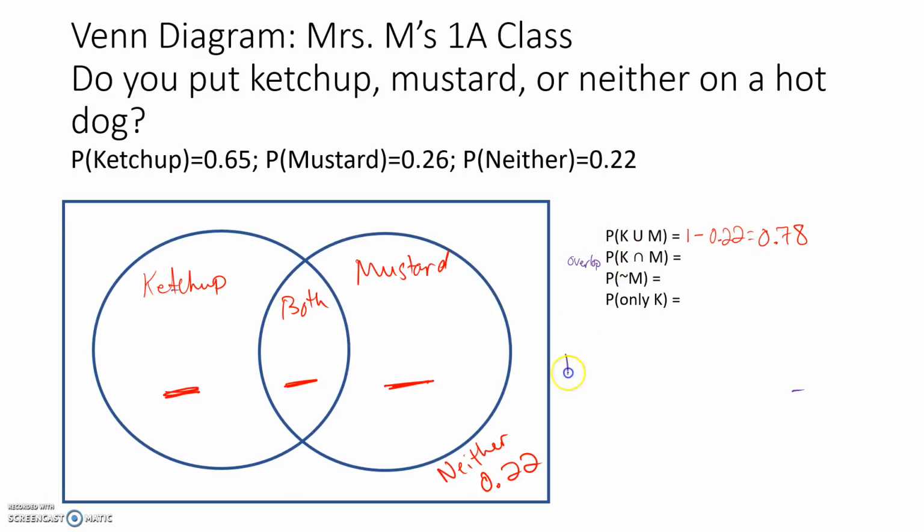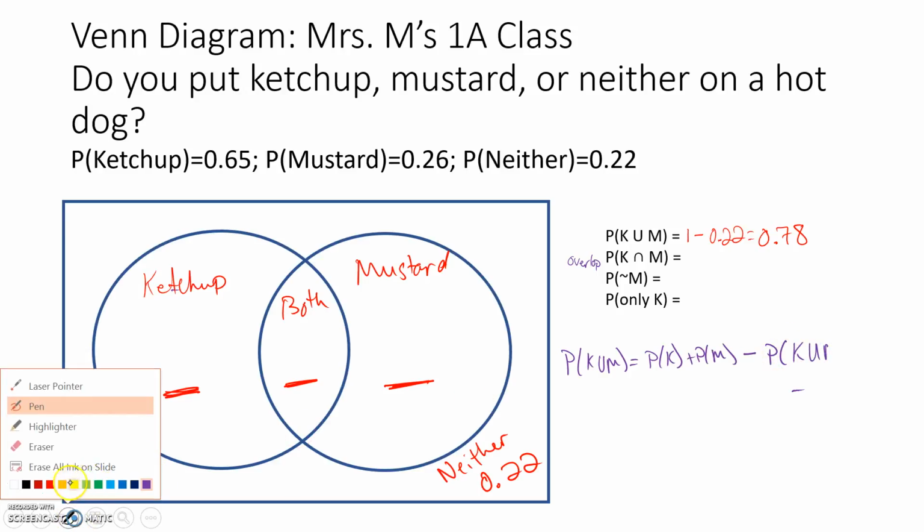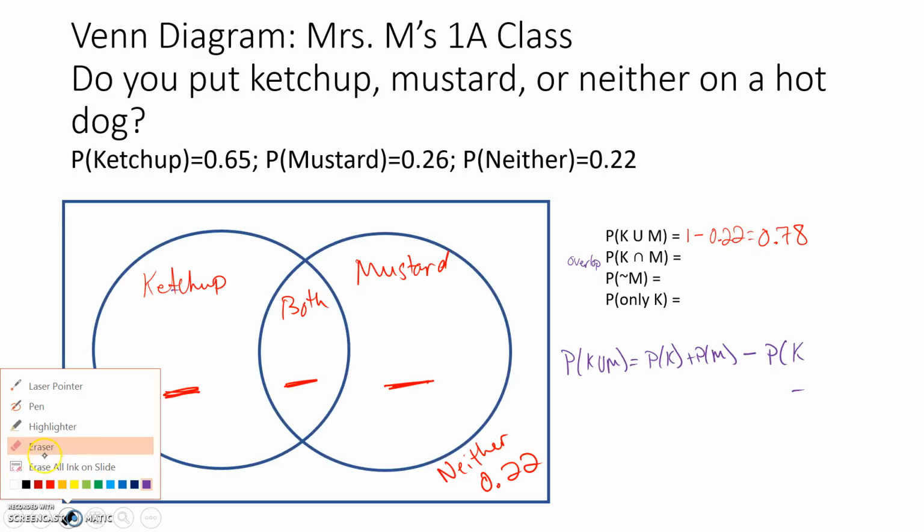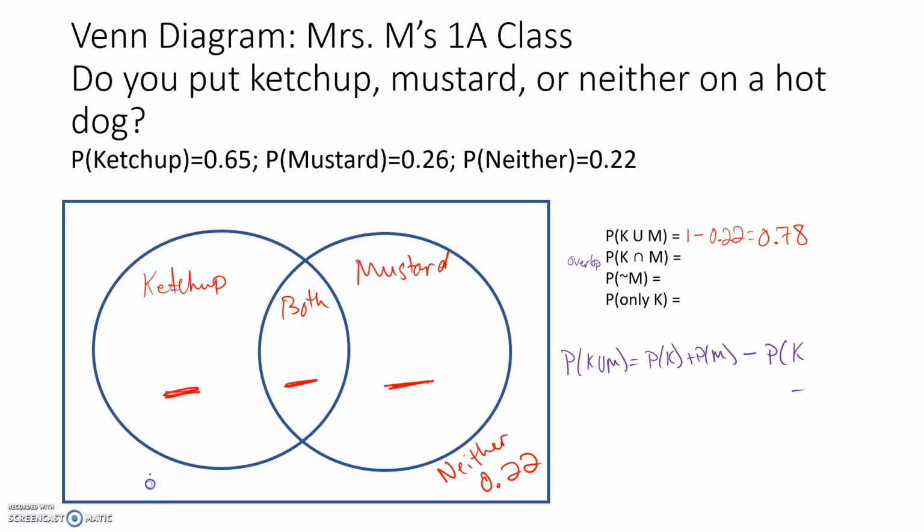And so there's a formula that says the probability of ketchup or mustard equals the probability of ketchup plus the probability of mustard, or sorry, I misspoke there, plus the probability of ketchup and mustard, because we have to take out that overlap. This overlap, ketchup and mustard, is being counted here and here. We can't have it count twice.